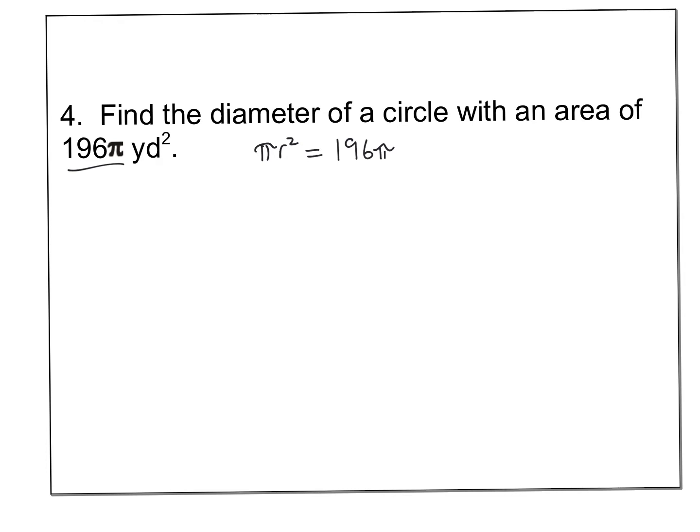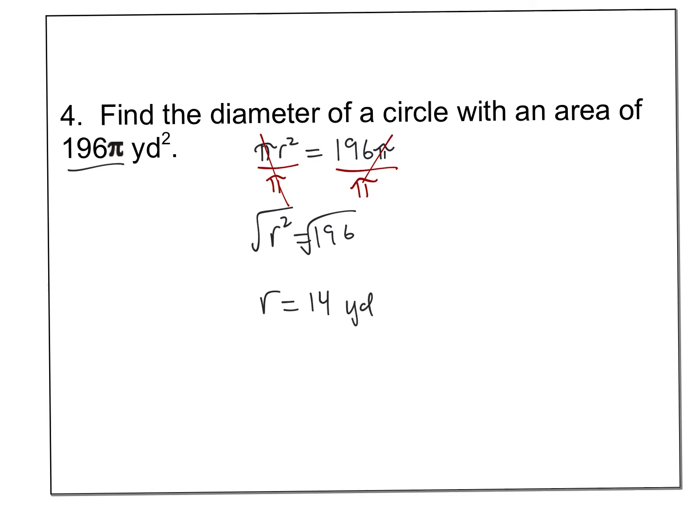I want to do some solving, so I'm going to divide by pi. So that cancels out, but it also cancels out over here. So all I'm left with is 196, and I just take the square root. So my radius is merely 14. So 14 yards.